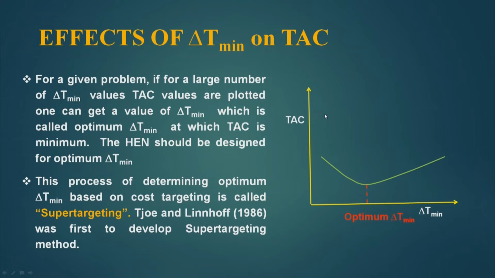That means, I will have different heat exchanger networks for a given delta T minimum, and if I plot the TAC of those heat exchanger networks, then I find a curve which resembles this, and this is the point where my TAC is minimum. So, this point of delta T minimum is called optimum delta T minimum.